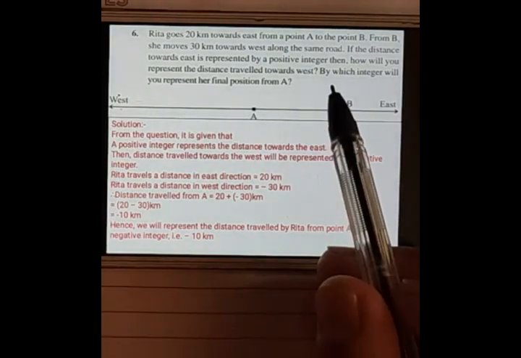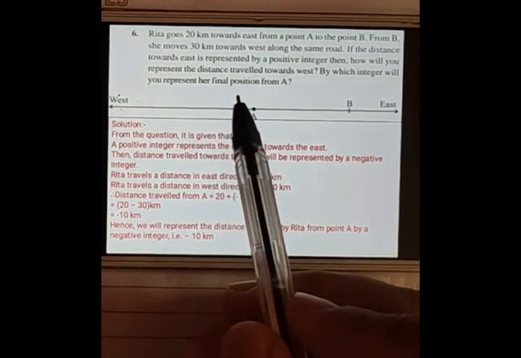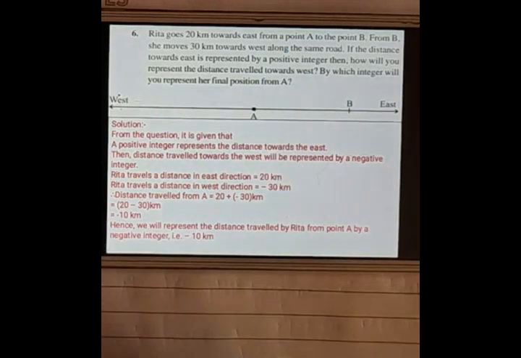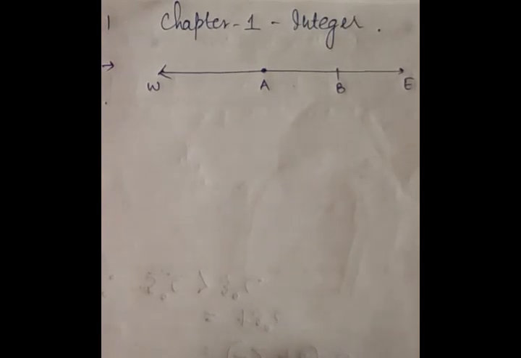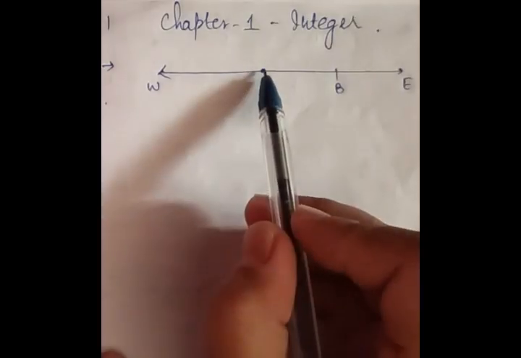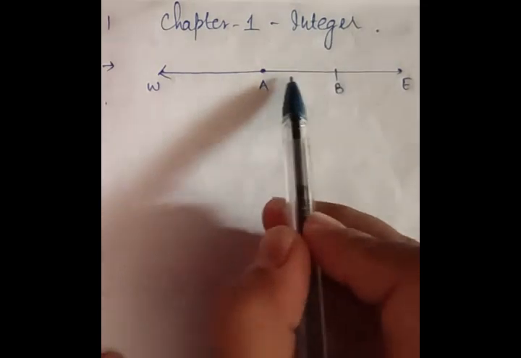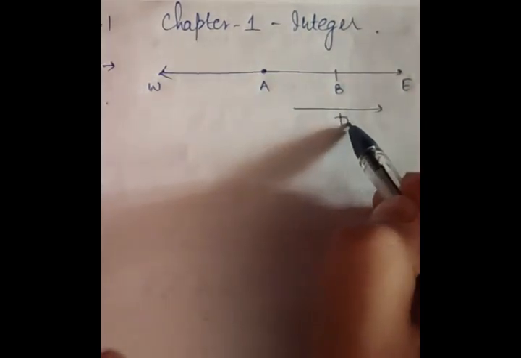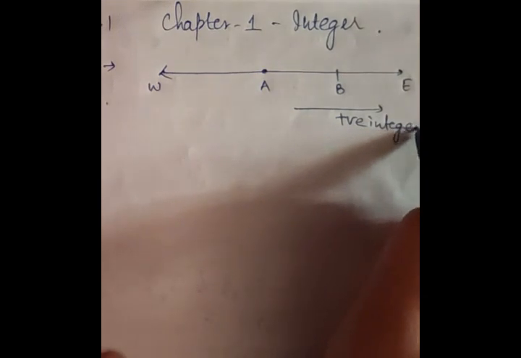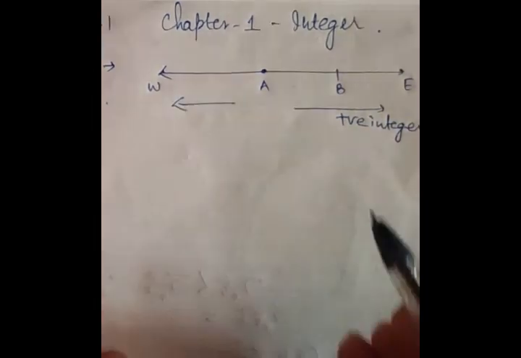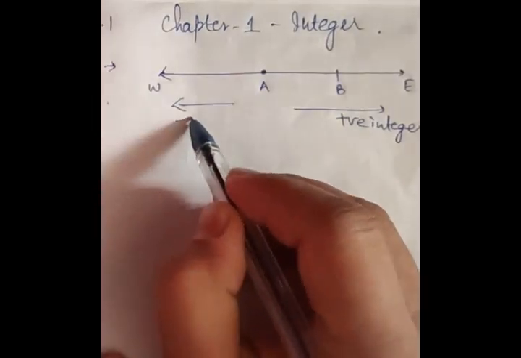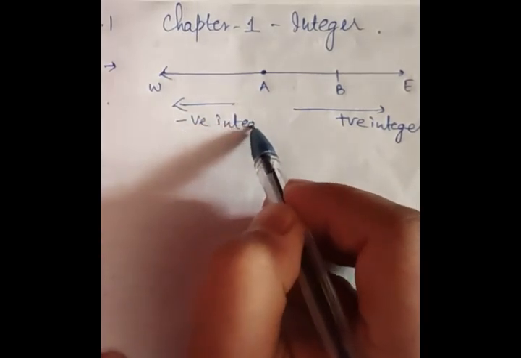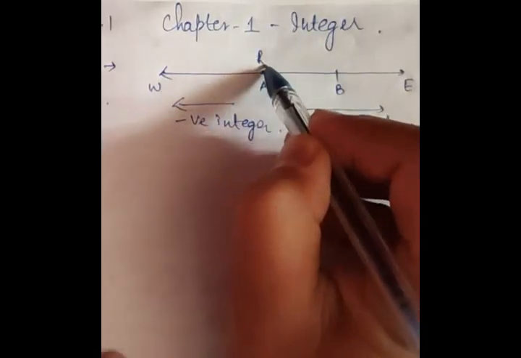Now by which integer will you represent her final position, you have to find that. So I'm going to solve this. According to the question, Rita is moving from A to B, which is towards the east, and east is represented by the positive integer. West will be represented by what integer? Of course, the opposite of positive is negative integer. So Rita is standing here.